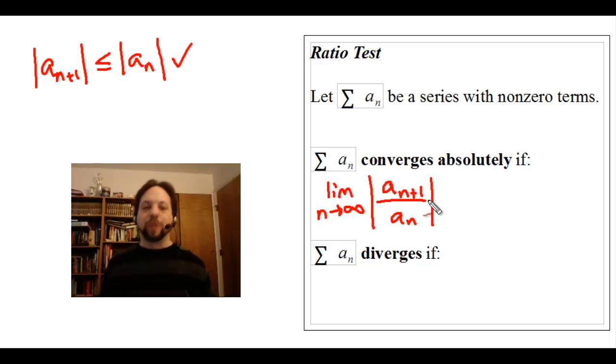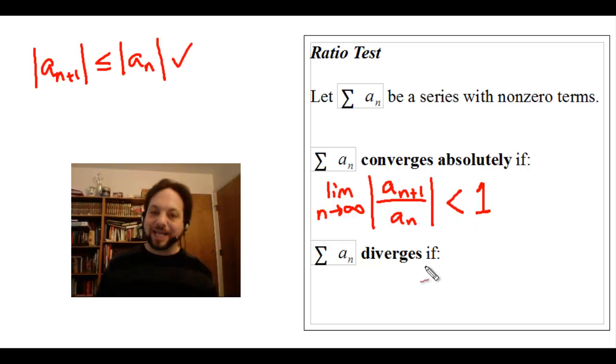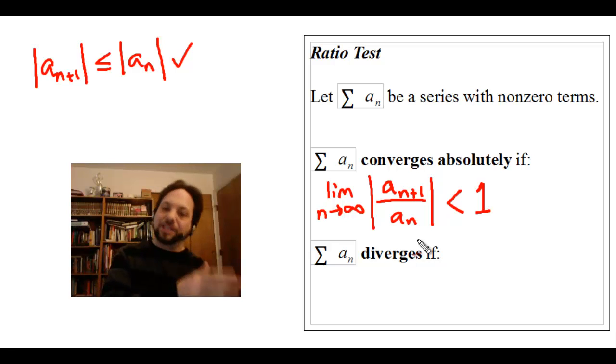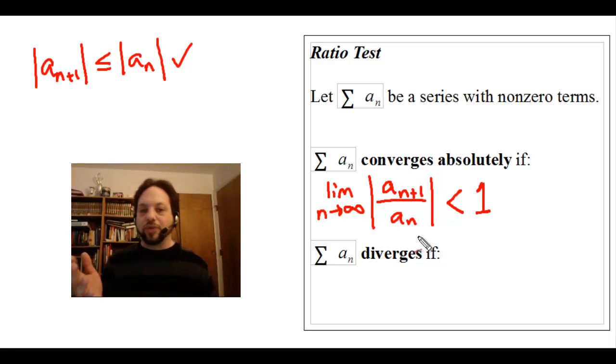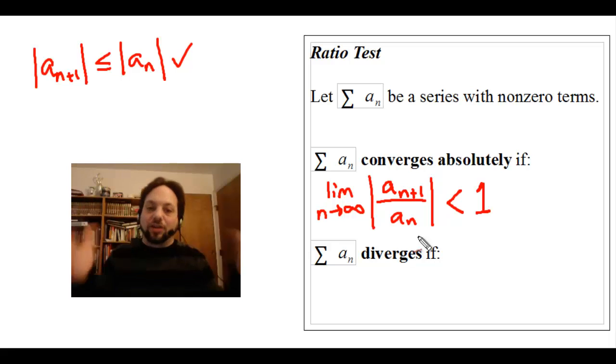What would happen to this ratio that I've presented to you right here? Well, clearly if each term is getting smaller, then as n approaches infinity, this must be less than 1. After all, if it's equal to 1, then each term is the same as the current term. And if it's greater than 1, then the terms are actually getting larger.